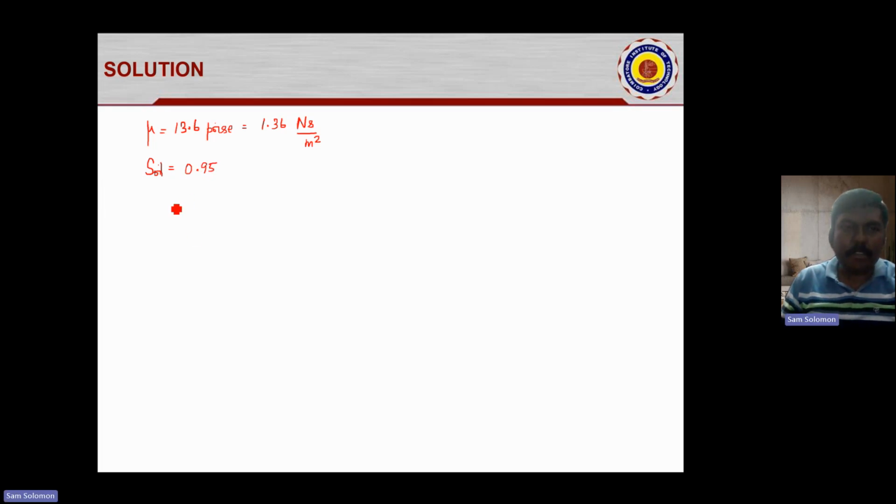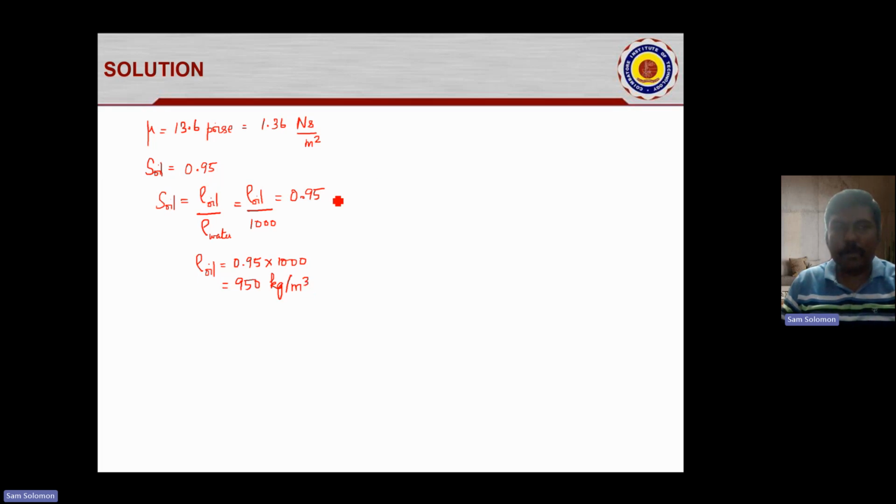So if you remember the definition, the specific gravity of oil is rho of oil divided by rho of the standard liquid, which happens to be water. So this rho of oil is what we need. The density of water is 1000 and specific gravity is 0.95. So rho of oil is 0.95 multiplied by 1000. So that makes it 950 kilogram per meter cube.